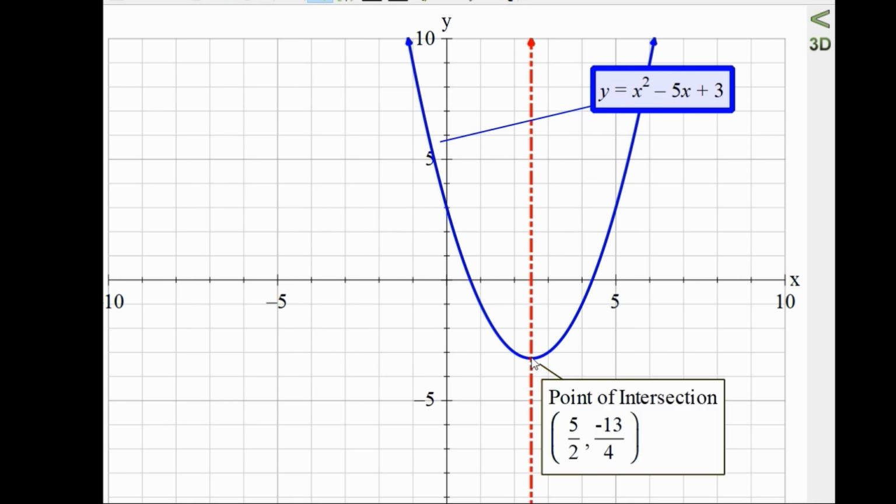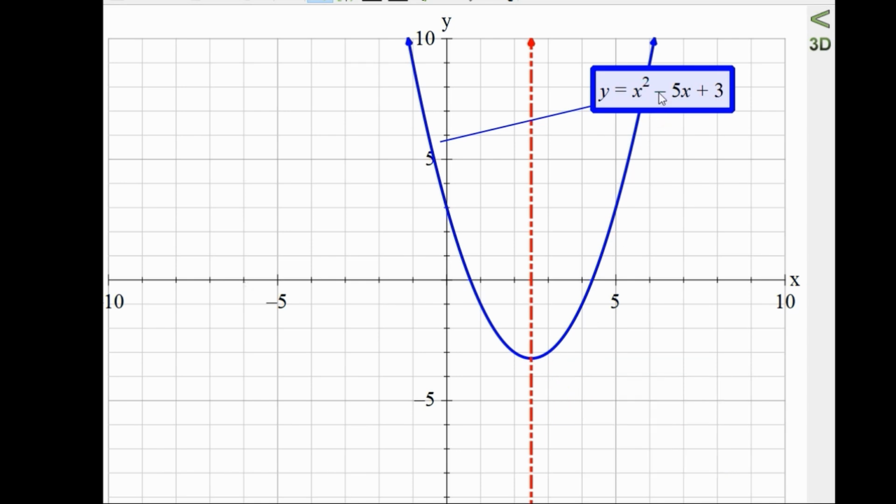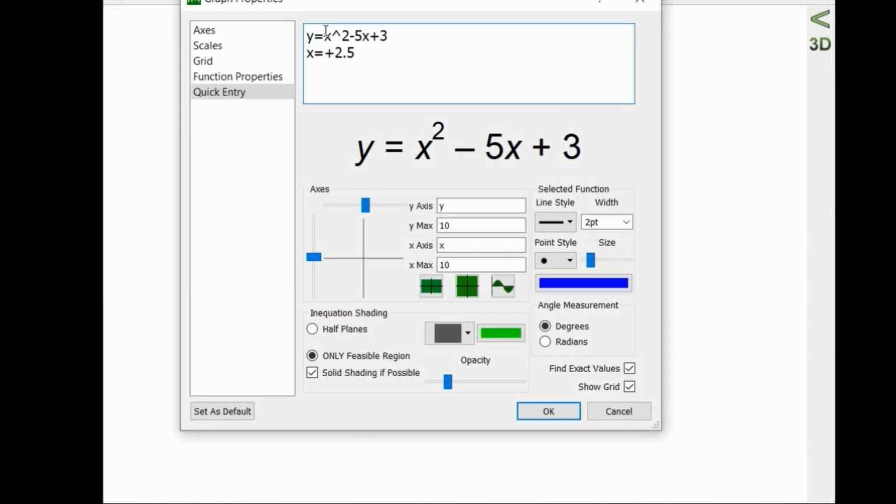We've got 5/2 as the x value, and it's on the positive side. It is the opposite to that minus, and it is half of that 5. Now this happens if we have 1 there.